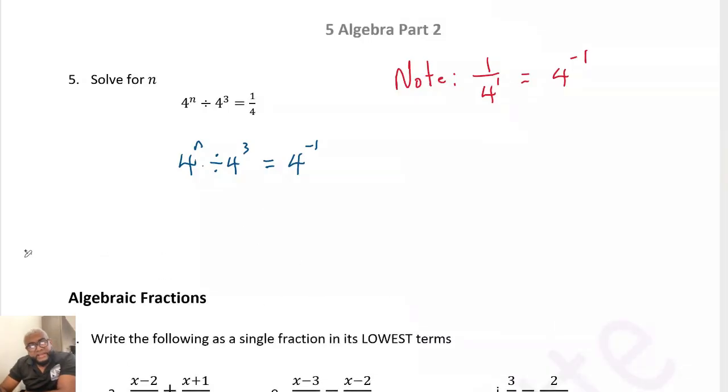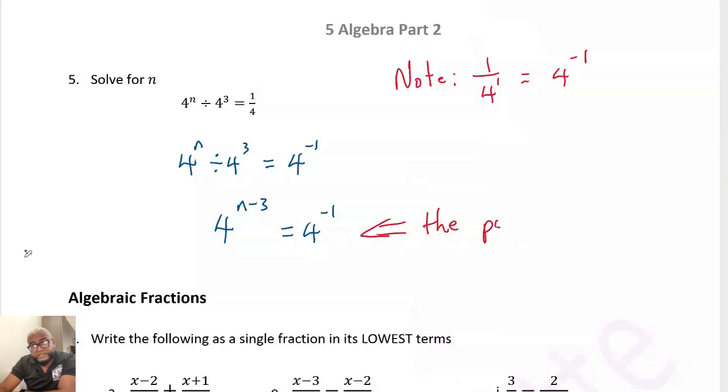If I'm dividing these two things here, my bases are the same. So what do I do with the powers? Subtract. So it'll be n subtract 3 is equal to 4 to the negative 1. Now, once you have 4 here and 4 here, you can come to the conclusion that the powers are equal, right?